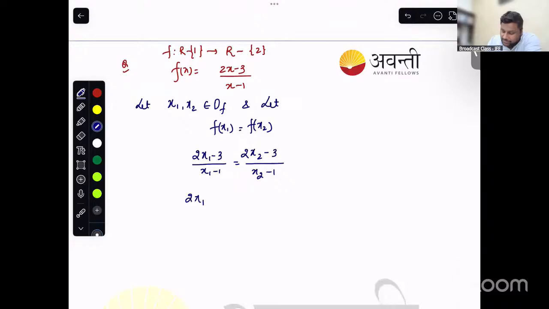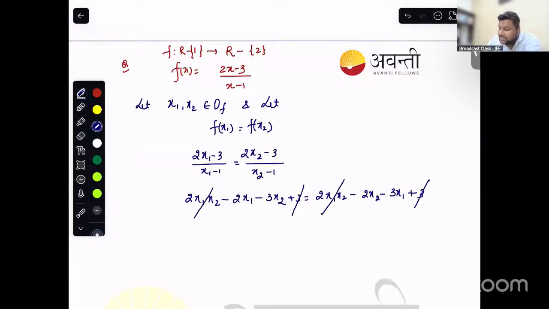So it will be 2x1x2 minus 2x1 minus 3x2 plus 3 equals 2x1x2 minus 2x2 minus 3x1 plus 3. This 2x1x2 cancels, this 3 cancels.